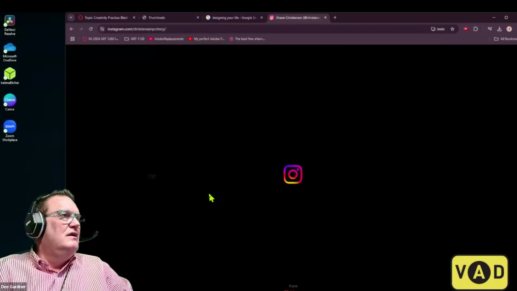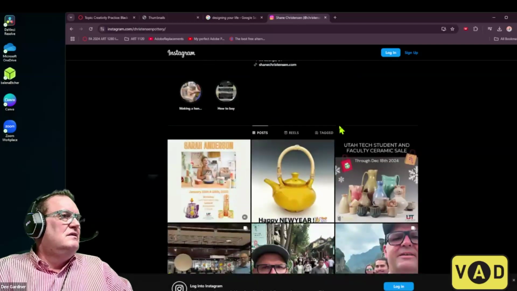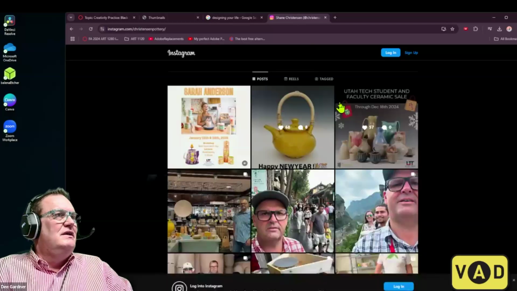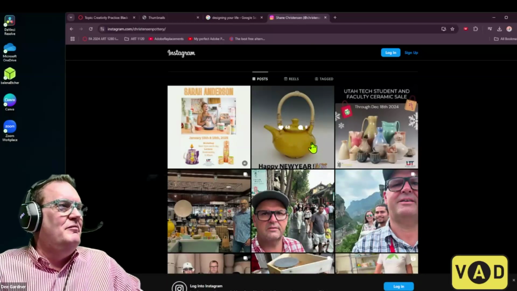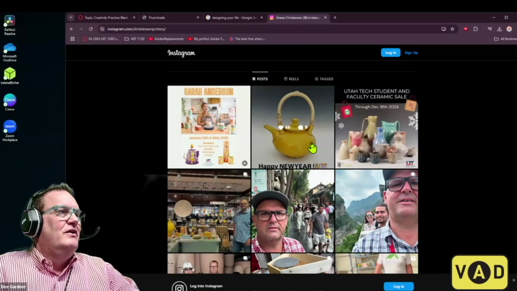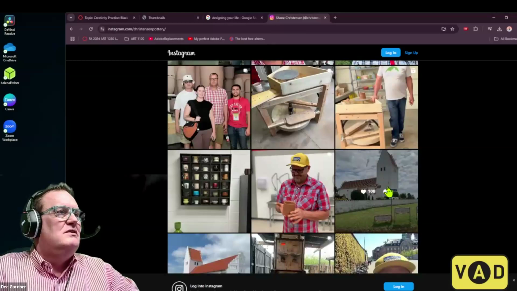Let's see if he's got any ceramics. Oh yeah, this is him, and these are the kinds of teapots that he does, and he gets big money for. And I'm assuming if he was getting $1,200 for one of these years ago, he is probably getting much more than that now, hopefully. I can just tell by looking at this, his style of pots.